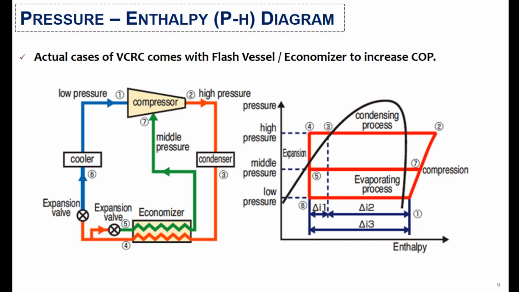In actual cases of VCRCs, there is also a flash vessel, sometimes called an economizer, used to increase the coefficient of performance of a compressor. If you follow this pressure enthalpy diagram, it reflects the two paths from 1 to 3, and then 3 to 5, and then 3 to 6.